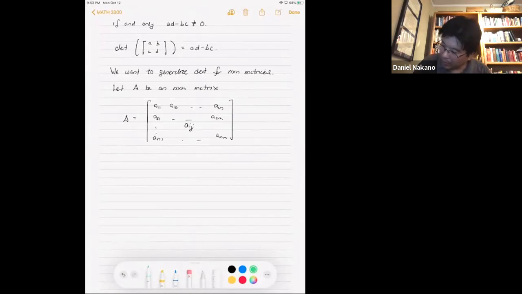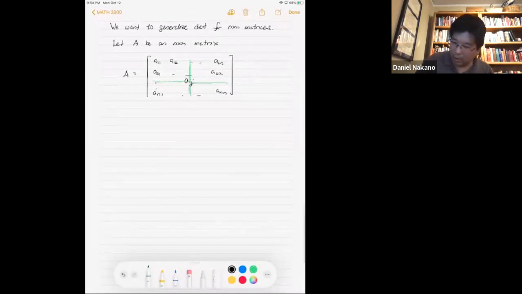The way to think about that is I delete the ith row of the matrix, and then I delete the jth column. I just cancel all those entries, pretend they're not even there, and then gather the matrix back together again. And so I have an n minus 1 by n minus 1 matrix.